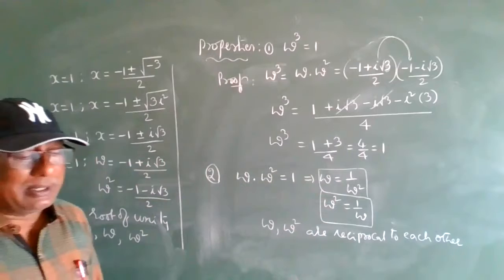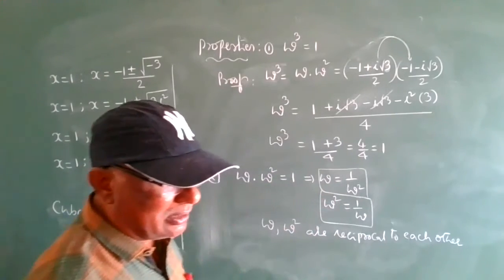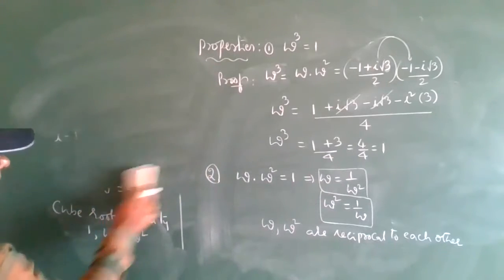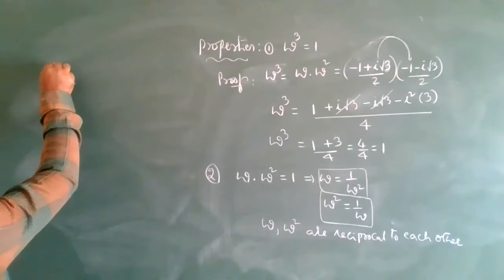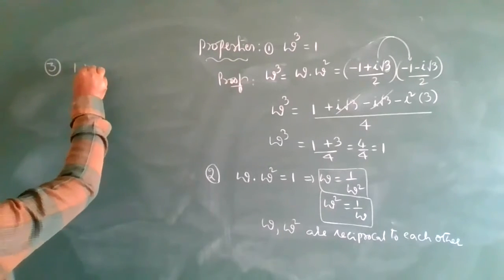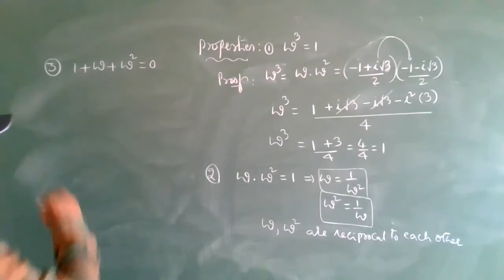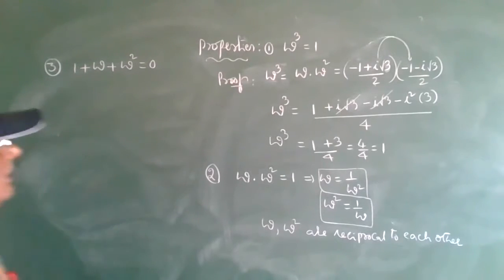Next, third property. Everyone observe property number 3: 1 plus omega plus omega square is equal to 0. I will prove this one.